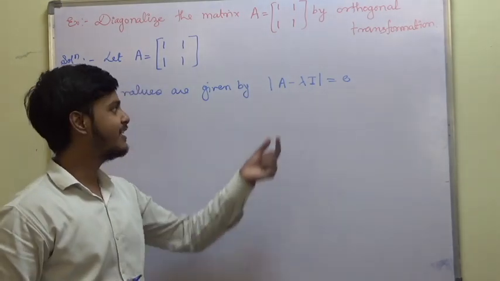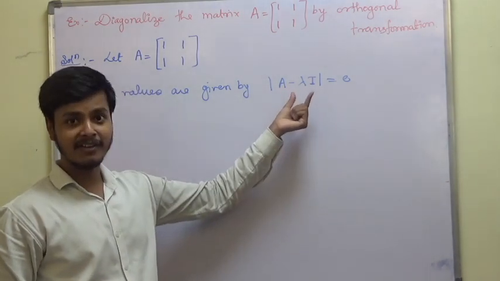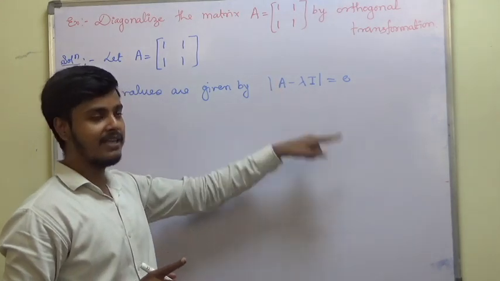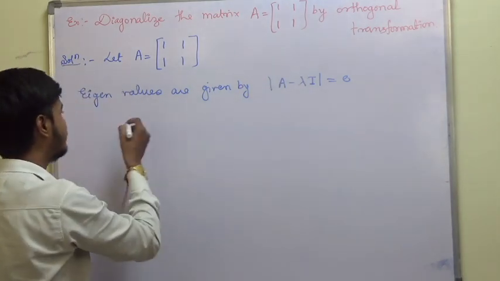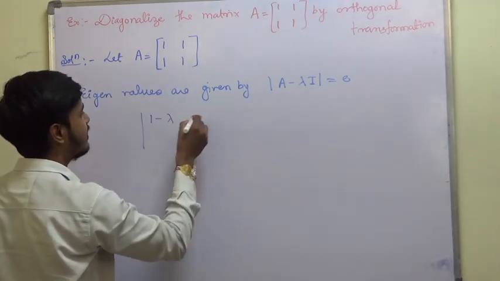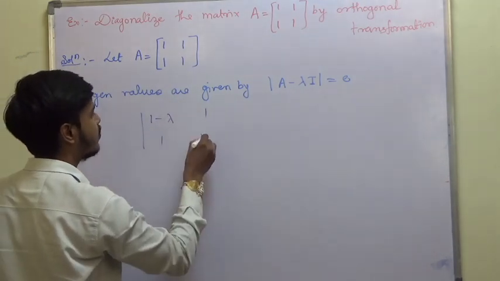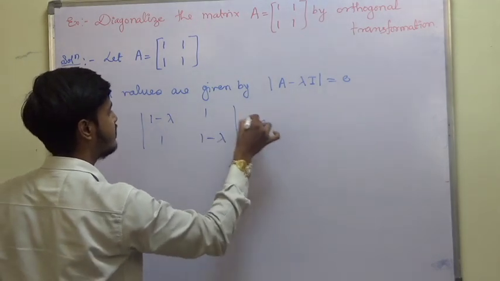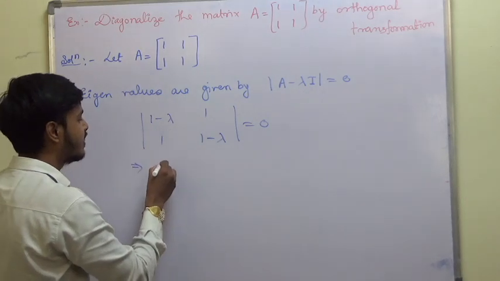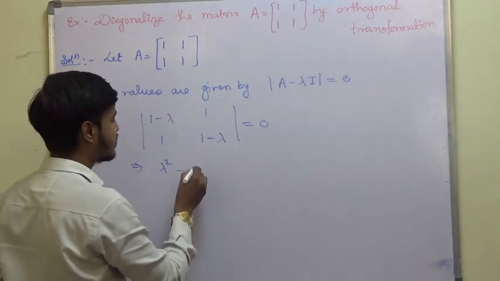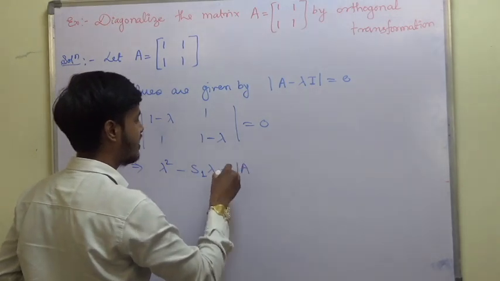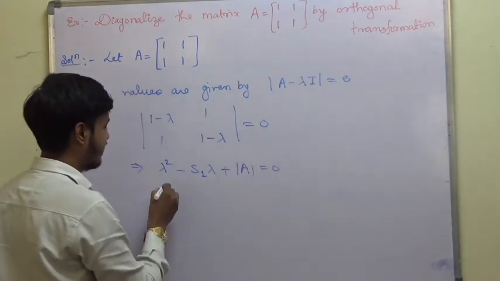You may be wondering why I am writing A minus lambda I; only for Sylvester's theorem did we write lambda I minus A. So we get the determinant of [1 minus lambda, 1; 1, 1 minus lambda] equal to 0. Because the matrix is 2 by 2, we get a quadratic equation: lambda squared minus s1 lambda plus determinant of A.